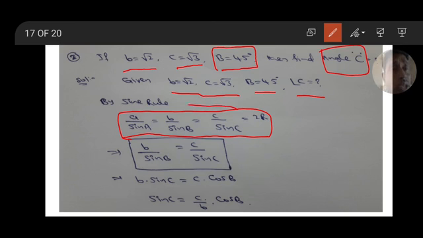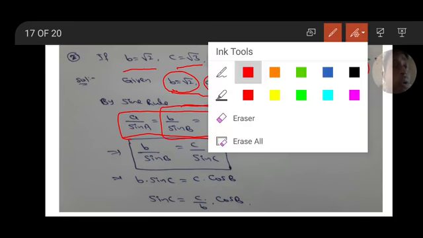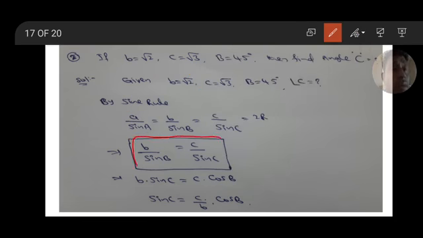I am taking only the relation b by sin B equals c by sin C, because we are related with small b, small c, capital B and capital C.